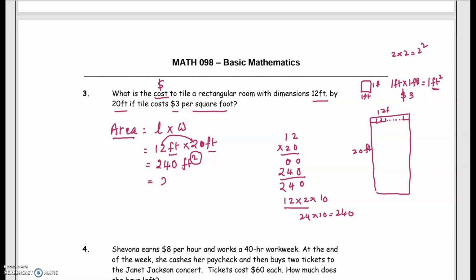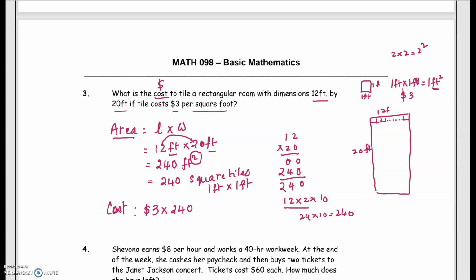There are 240 square tiles that are 1 foot by 1 foot. Now, each square tile costs $3. So 240 tiles would cost 3 times 240.